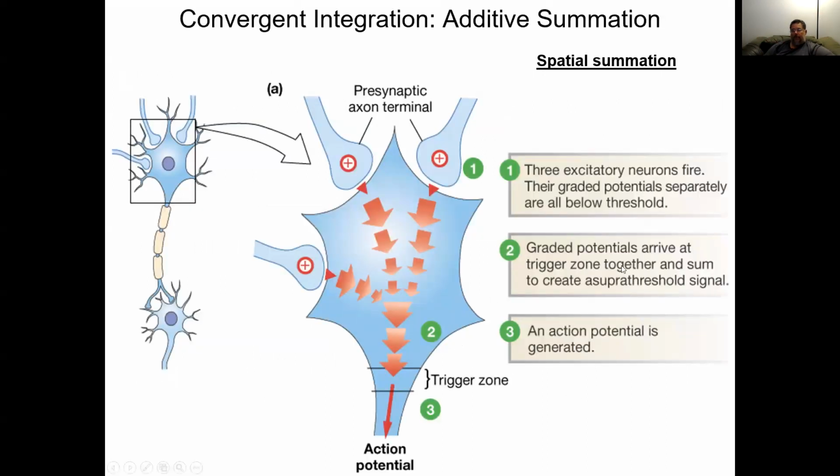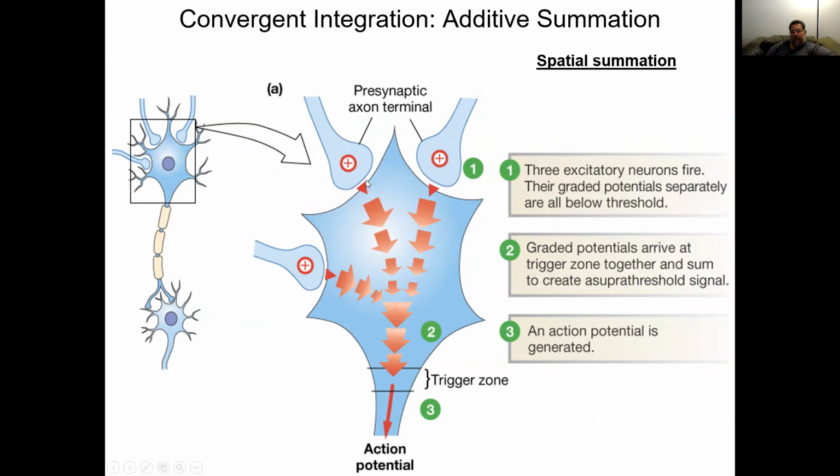So here's an example of an additive summation. Additive meaning that obviously they're excitatory, they're added together to make a strong response. Here we have a couple presynaptic neurons, because again, they're before this synapse. Here's our postsynaptic neuron. It's called convergent because we have all these different neurons coming to it.